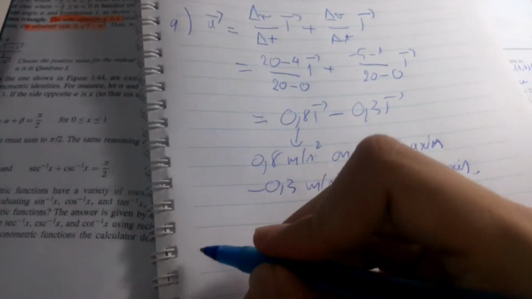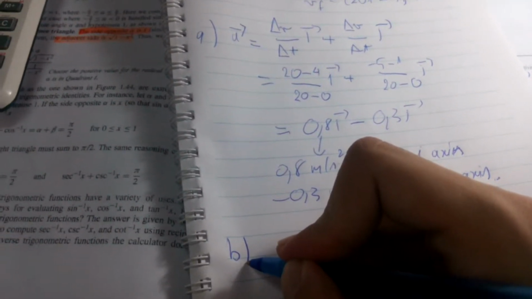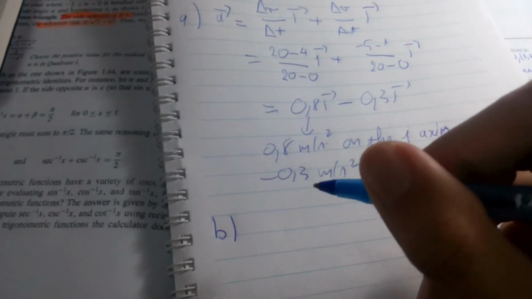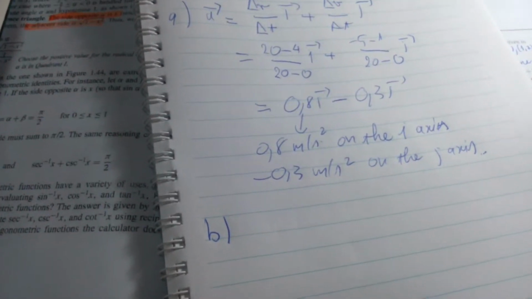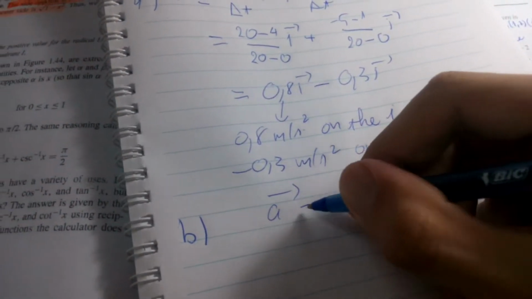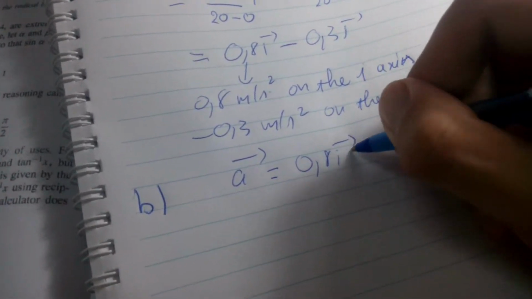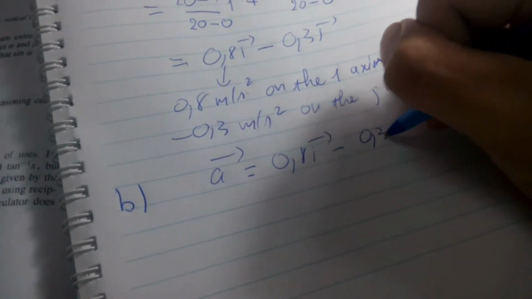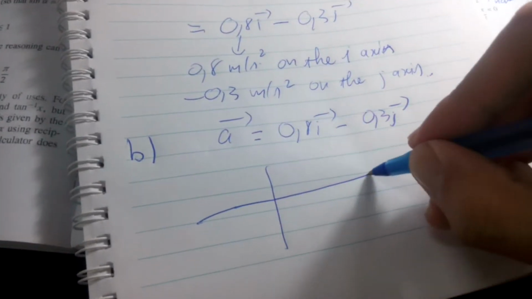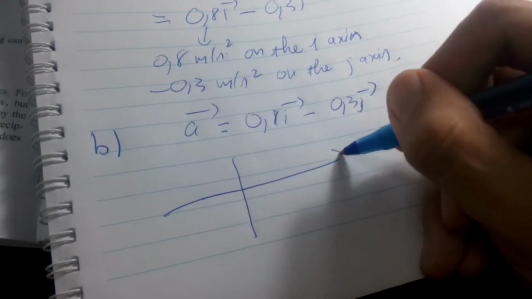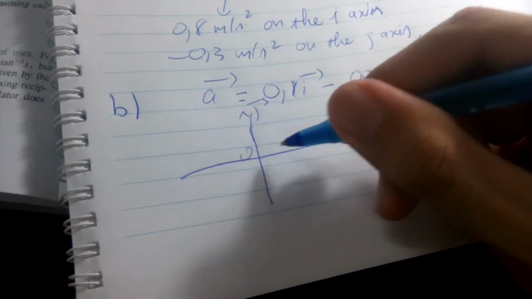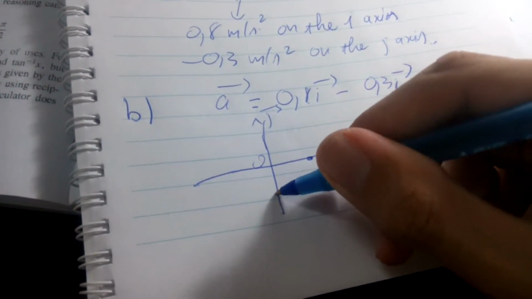Now let's go to question B, which asks us to identify the direction. Here the acceleration is 0.8i minus 0.3j, just like above. I think we should draw it out. So 0.8 is on the i axis and this is j, so this is 0.8 and this is minus 0.3.